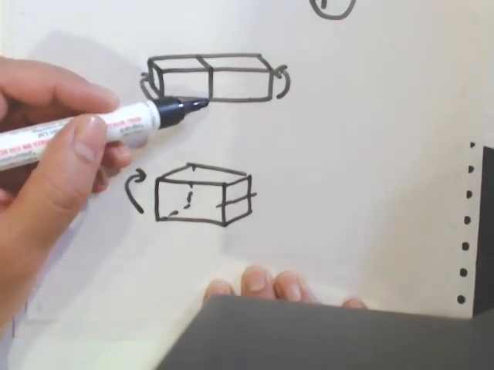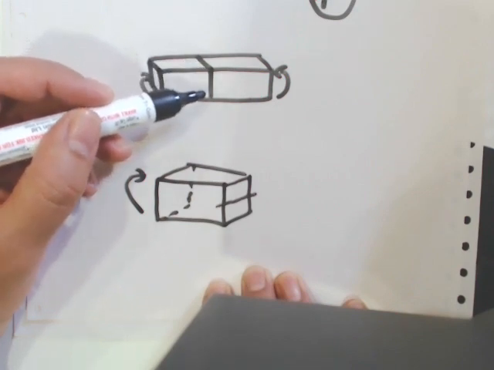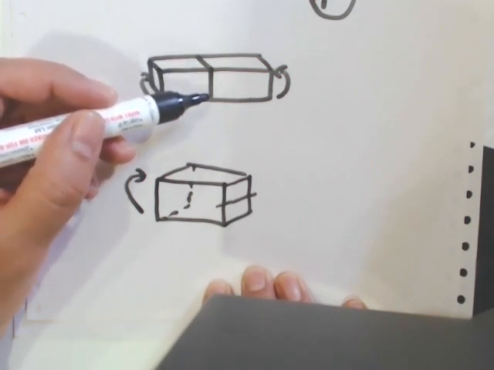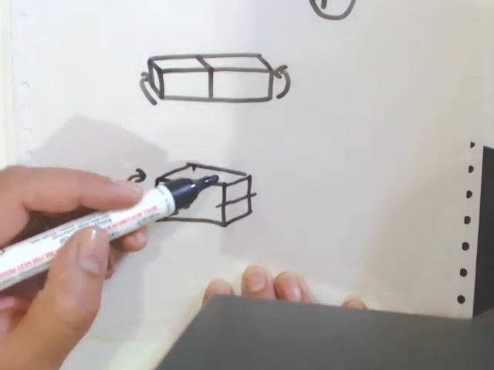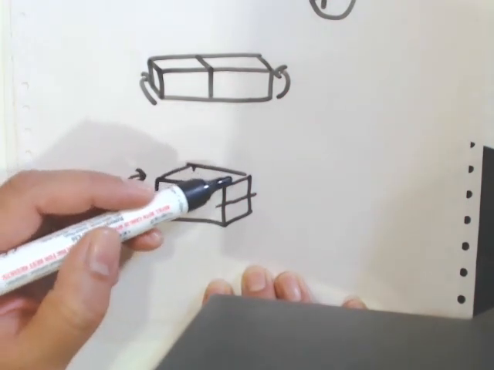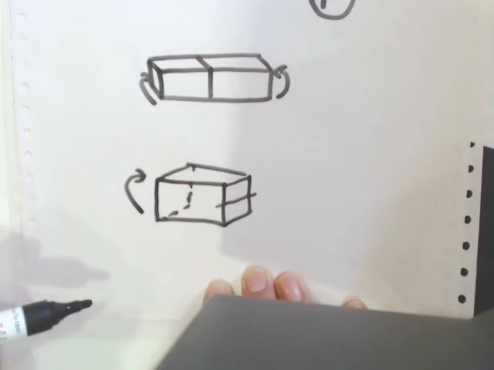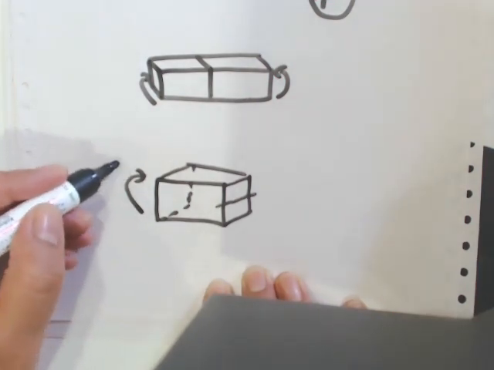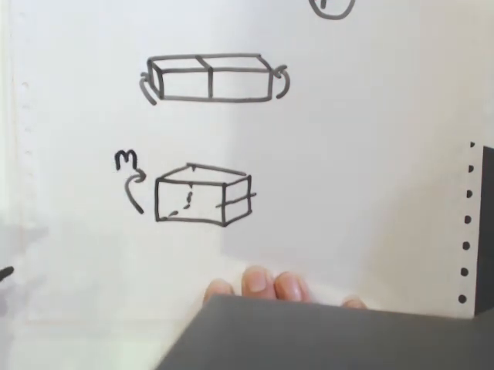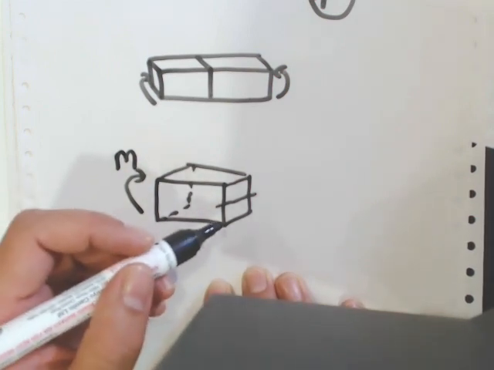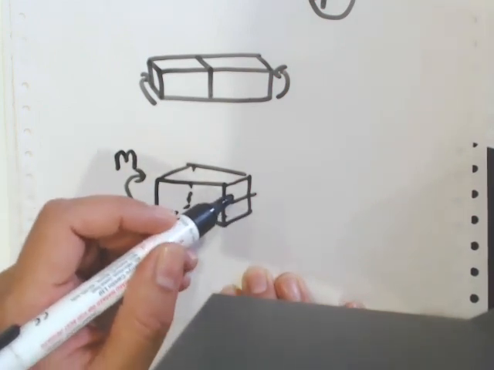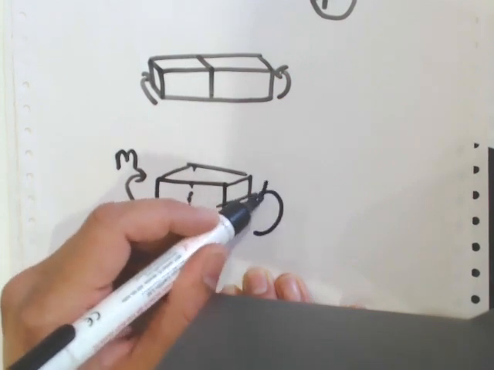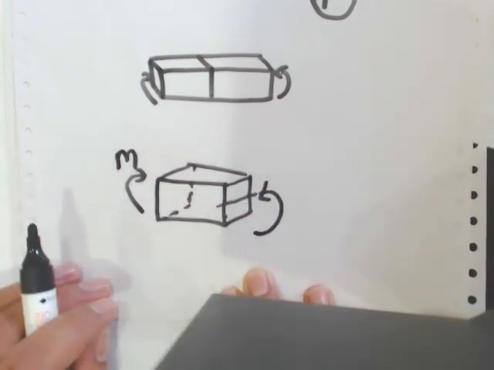Now this is the cross section and we want to analyze the stresses inside the cross section. Now I cut this half and I am drawing the diagram so as to show you the cross section. The external moment is equal to M and we have to try to find out what are the stresses within the cross section so that the reaction is also in the form of moment.